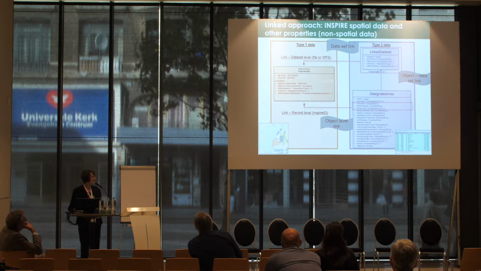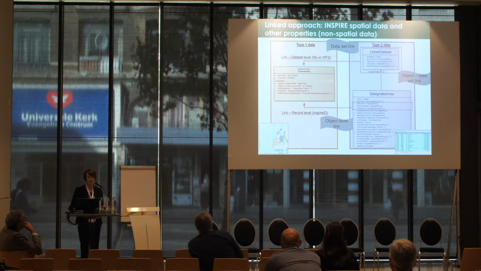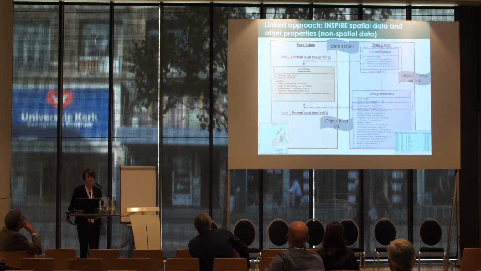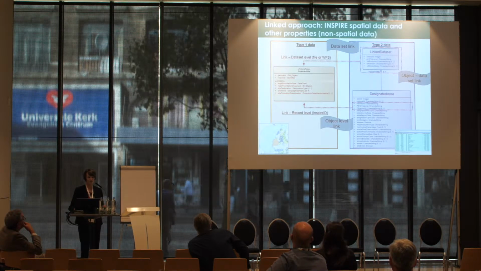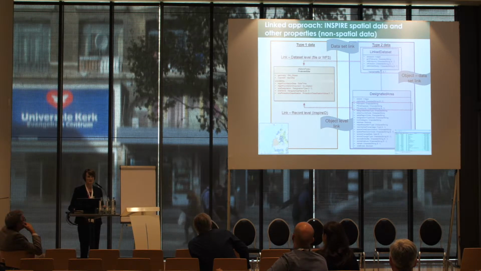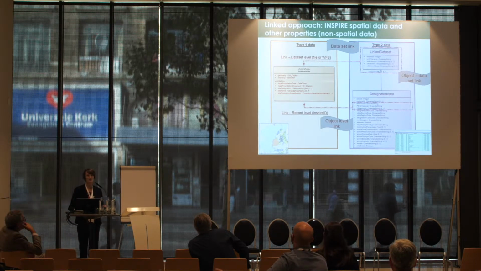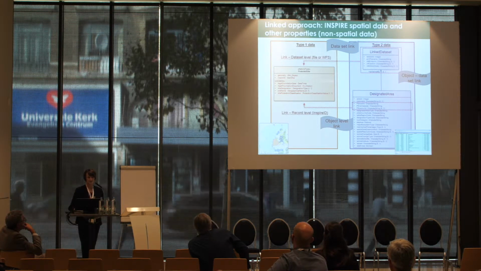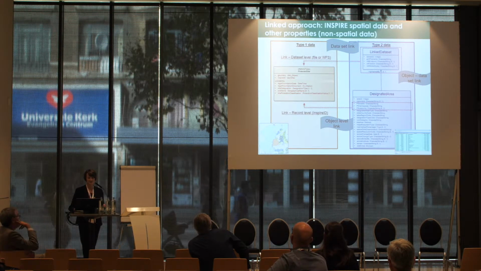Here on screen, you can see on the left side type 1 data presenting the INSPIRE application schema, the core feature type. And type 2 data present the attributes, the characteristics of the designated areas, which are provided in another thematic-oriented schema.